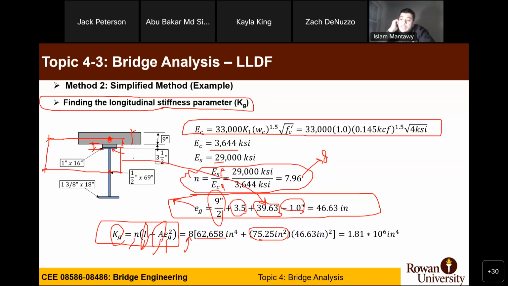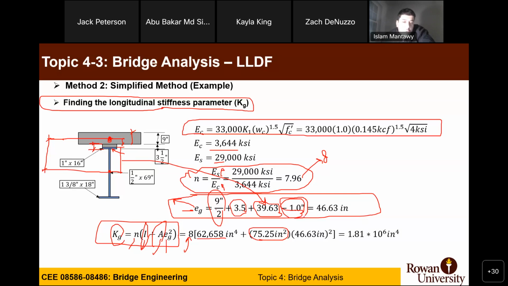Jack, you have a question on this one? Yes, why are we subtracting 1 inch from the equation?